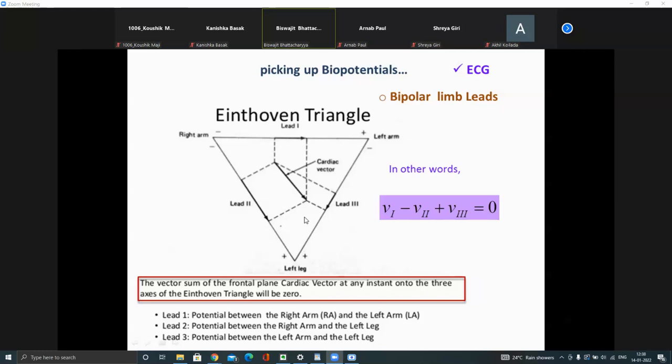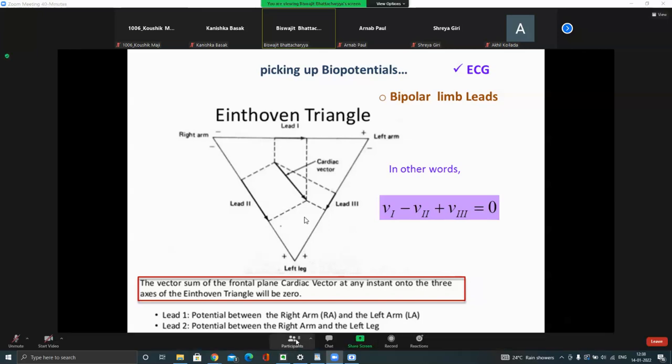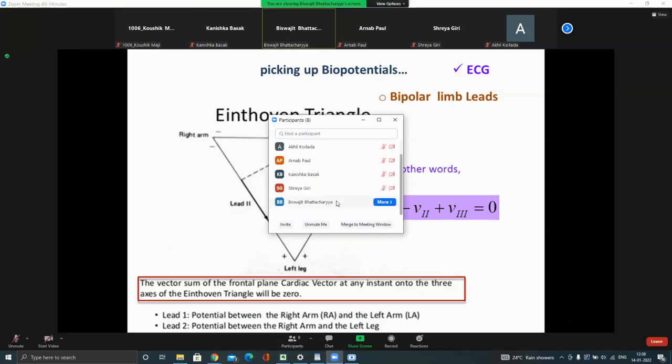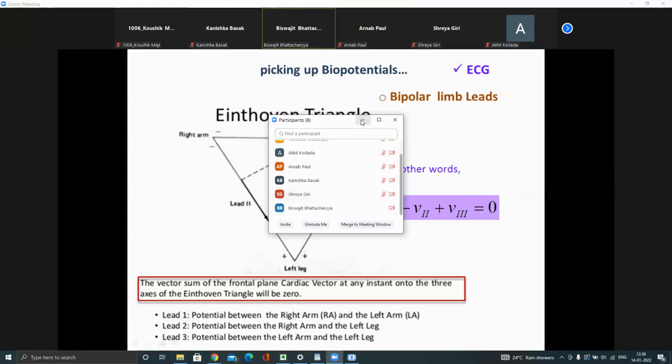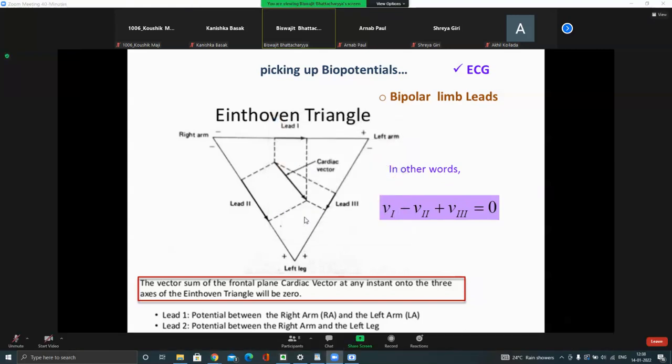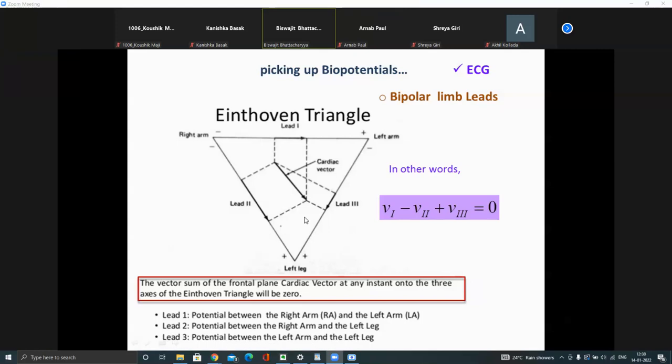The vector sum of the frontal plane cardiac vector at any instant onto the three axes of the Einthoven triangle will be 0.